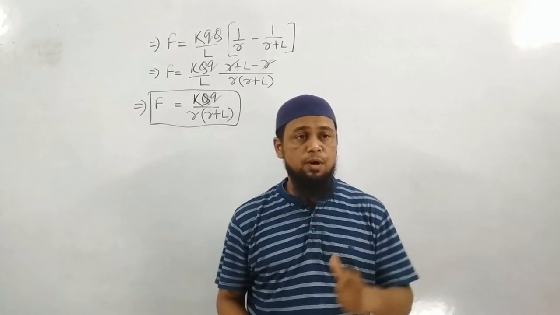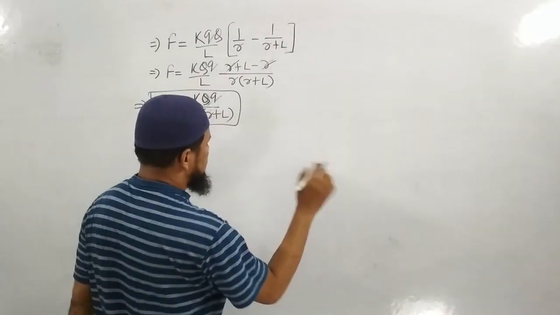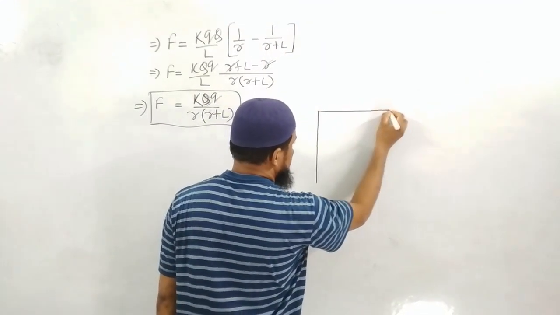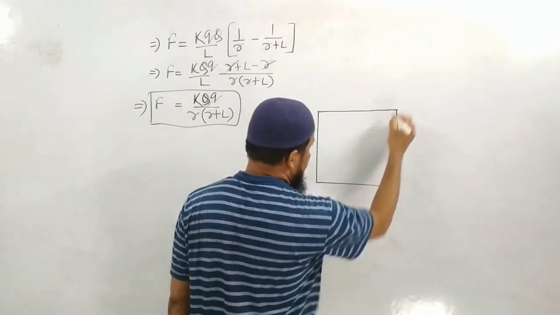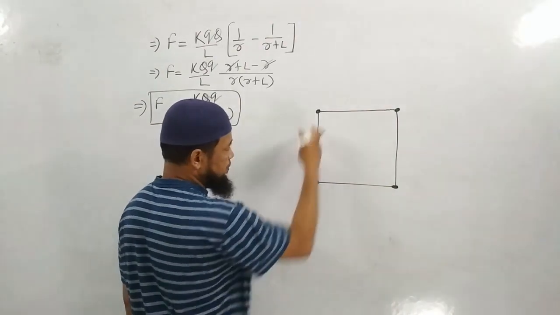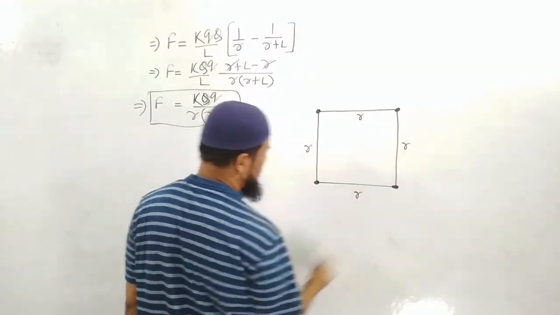Okay, let me show you another problem using superposition principle. Suppose there are 4 charges placed at the 4 corners of a square of side r. Suppose all separations are r.